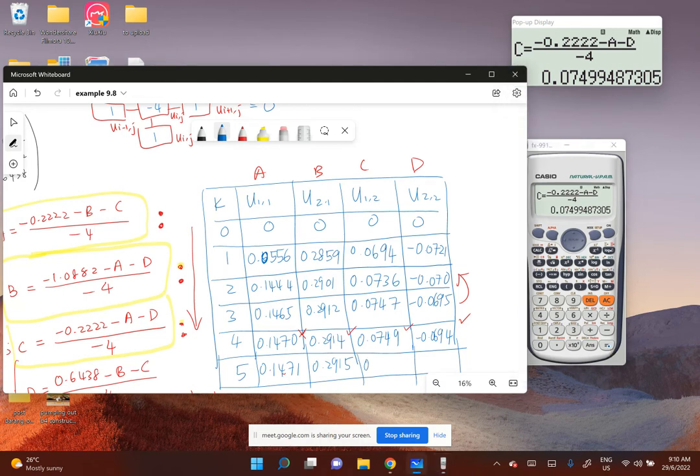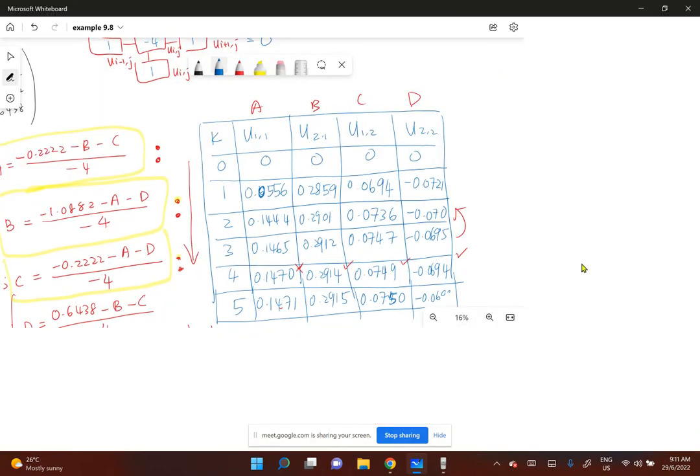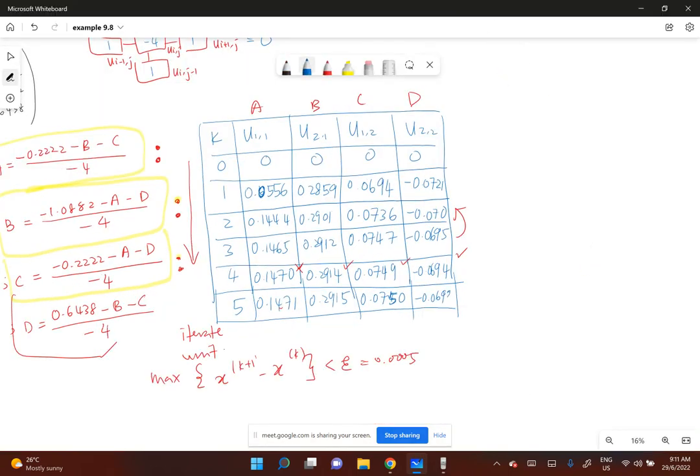So 0.0745, negative 0.0693. Okay, so you look here, the differences are 0.0001, 0.0001, 0.0001, 0.0001.